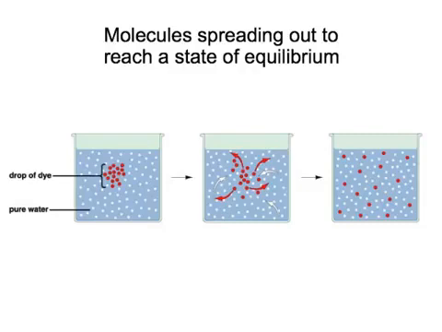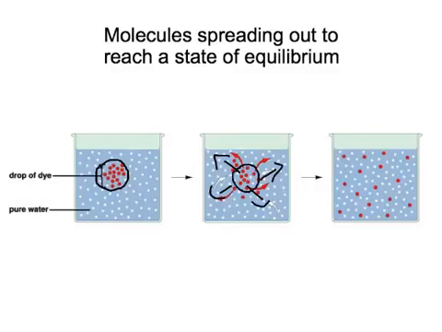So here you can see an example of diffusion. Let's say I had a beaker of water, and I placed one drop of red dye in the very center of that beaker. And you can imagine in that one drop there are actually millions and millions of dye particles. Over time, these dye particles would spread out until they were evenly distributed, and they're going to move from an area of high concentration.